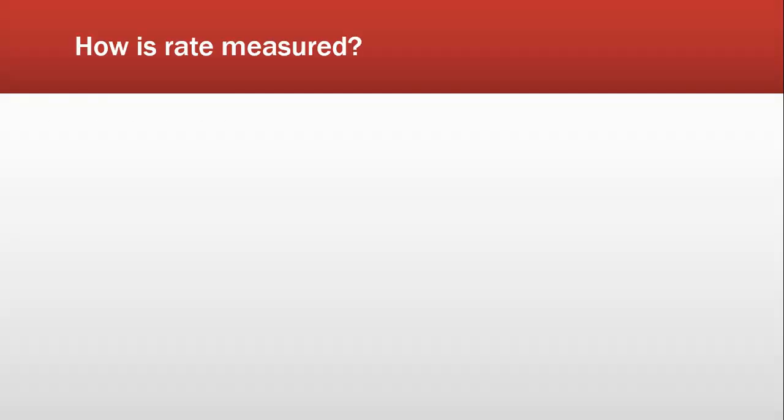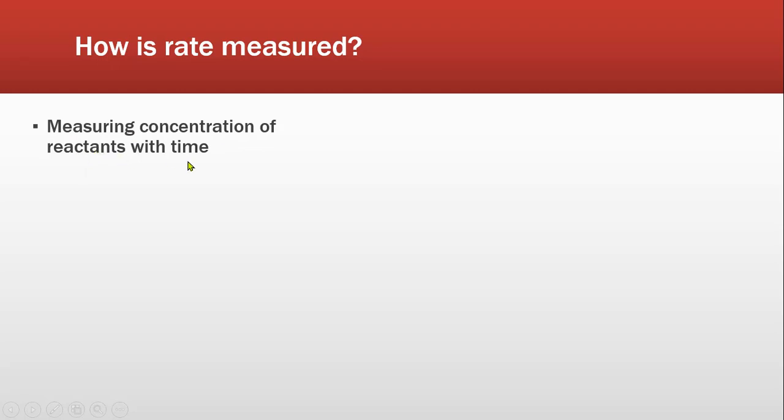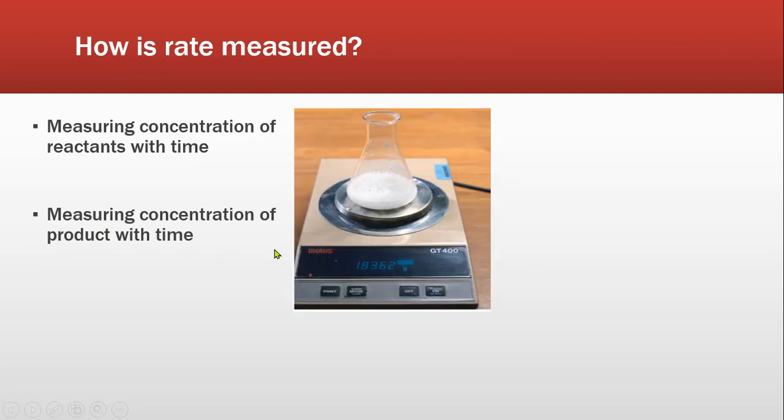How is rate measured? Firstly, you can measure rate by measuring the concentration of reactants with time or the concentration of product with time. So let me give you an example. Here we have a reaction taking place in a conical flask. As the reaction is taking place, a gas is being evolved.